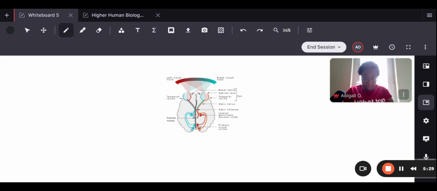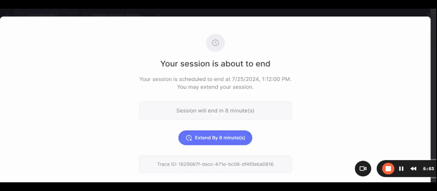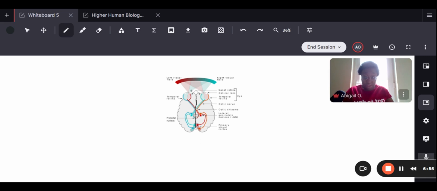Which means the left eye will see the right visual field, but instead of passing on that information to the right side as it should, it will be interpreted in one part of the brain, and there won't be communication from the left side of the brain to the right side of the brain. So it's not going to really pick up on this left visual field as well.